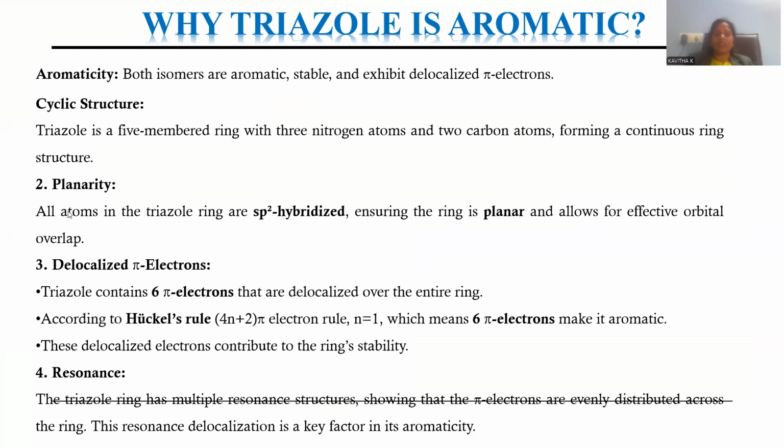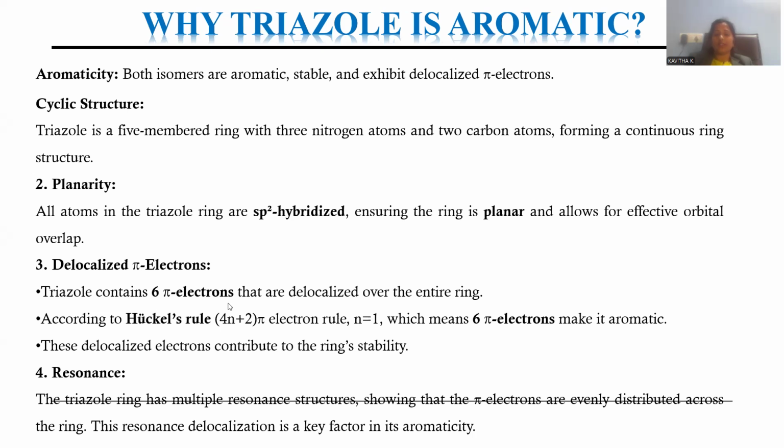To answer it, there is a cyclic structure, a five-member ring system, with three nitrogens taking part, continuity in the pi electron delocalization, and planarity, since all the atoms, including the carbons and nitrogens, are sp2 hybridized. So planarity is an essential part of this aromaticity, and effective orbital overlap also takes part, enclosed with the delocalized pi electron system.